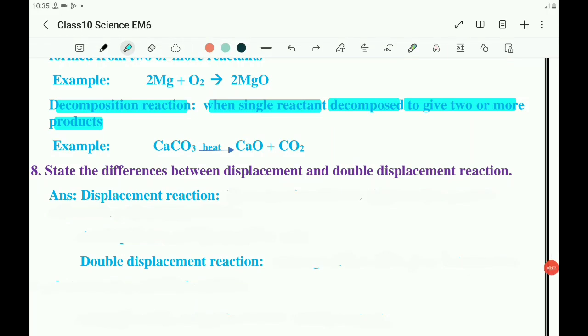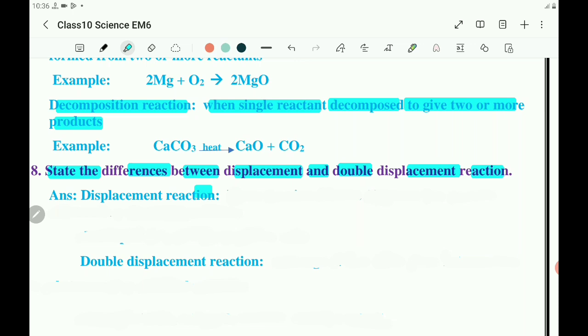Question number 8. State the differences between displacement and double displacement reaction. Here we have to write about the displacement reaction and double displacement reaction, and we have to mention the difference between them. So what is displacement reaction?